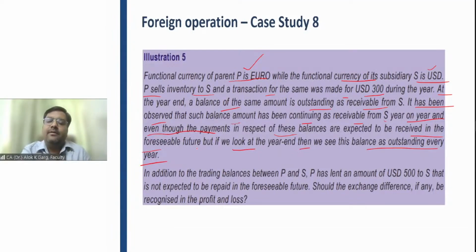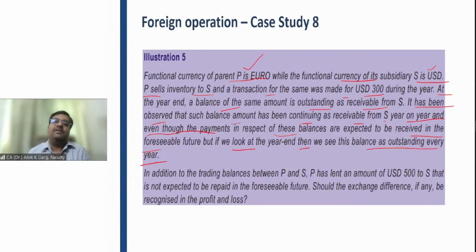But every year end, the balance of $300 is outstanding. So it does not mean that this $300 is not payable. There is a coincidence that this much money is always outstanding, but it is not related to the first transaction. It is related to the last transaction, right? So this is a normal trade payable and trade receivable. This is not a part of the net investment in foreign operations, right?